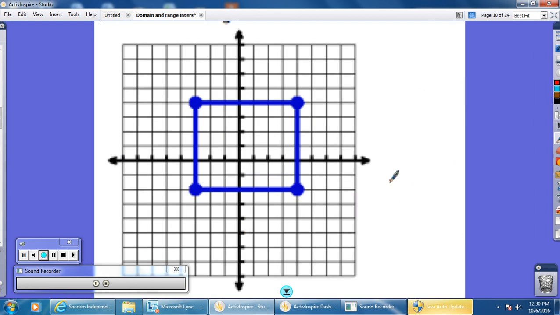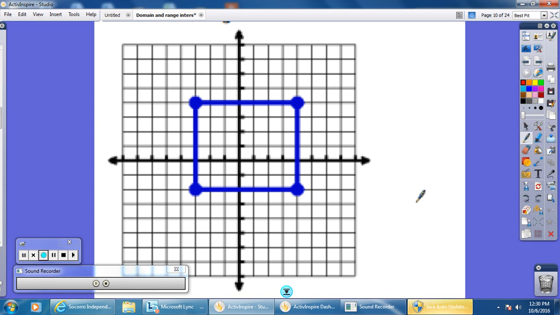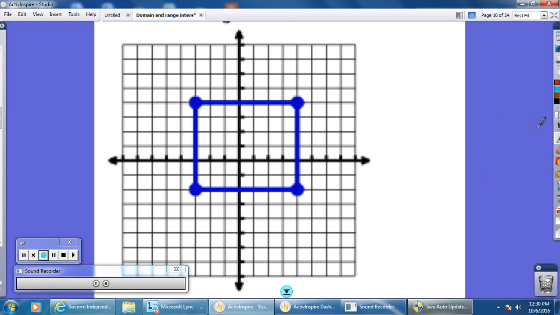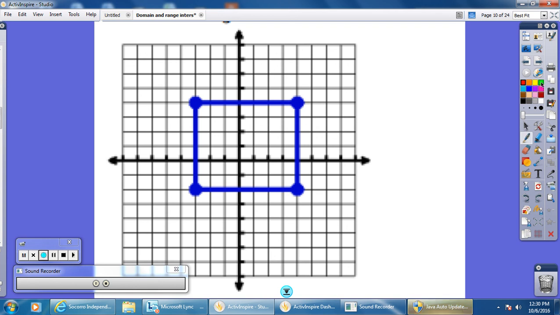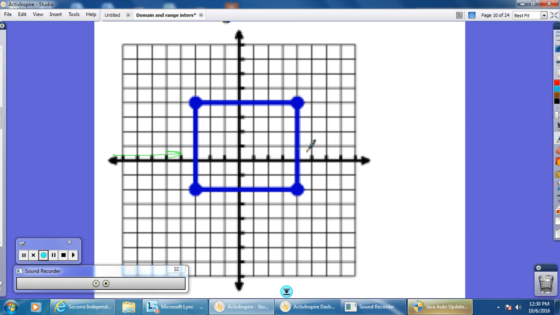This is a square. Well, of course you know that. So you know how to do this. This is just like the circle, right? You're going to come in from the left for the domain, and you're going to keep going in. This is the beginning. This is the end. Solid, solid.